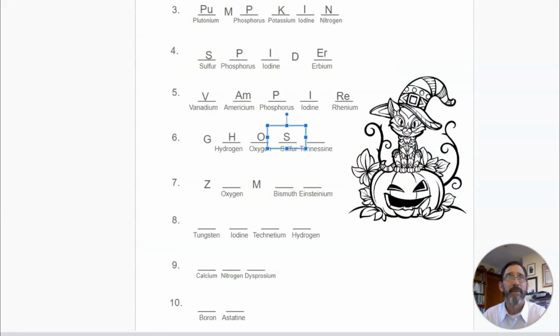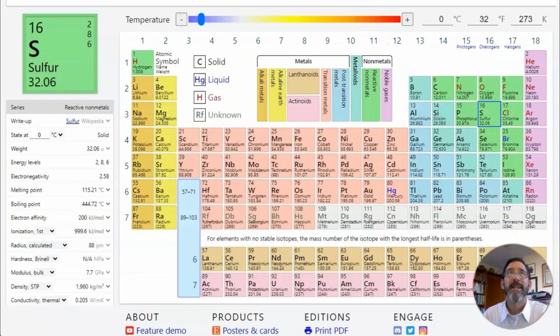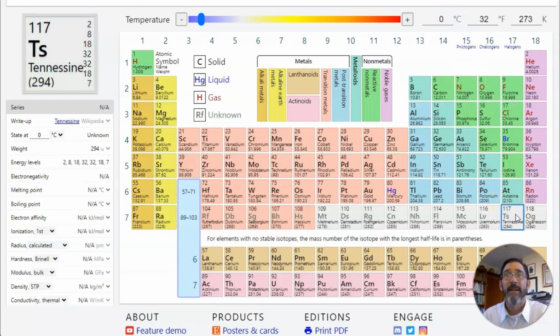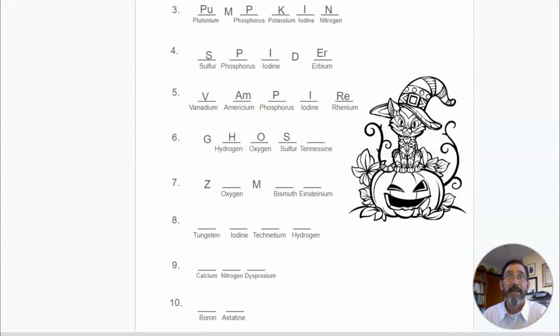And the last element for this word, Tennessine. Tennessine is pretty far down the periodic table, number 117. Its atomic symbol, capital T, lowercase s. Above Tennessine, place a capital T, lowercase s, to create the word for number 6, ghosts.